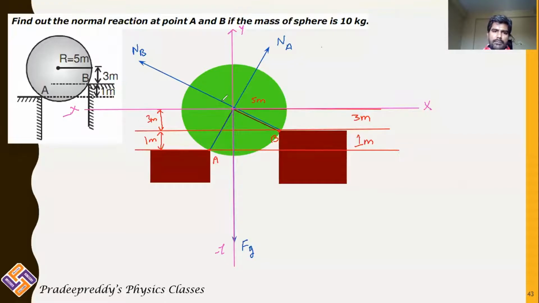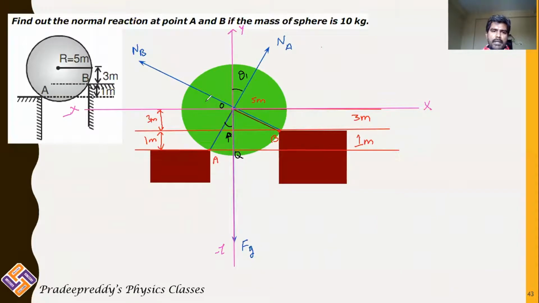I consider this as point O, and let me take this as point A, and already it is A and B, so let me take this point as P, and this point as Q. This angle and this angle are the same. I consider it as theta 1. This angle will be theta 1.